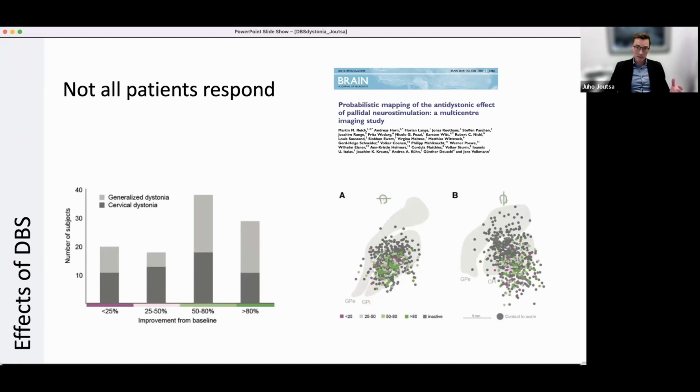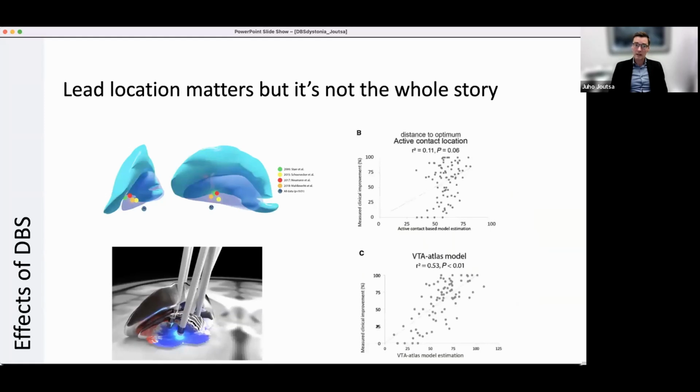Because of the targeting techniques and uncertainty in exact lead placement, the exact stimulation sites seem to vary quite a bit between different patients. Again, I'm using the figures from a study by Martin Reich as an example. This was a multi-center study collecting a large number of dystonia patients treated with DBS. And what this study actually showed is that lead location does matter, but it's not the whole story, and it's not a simple story.